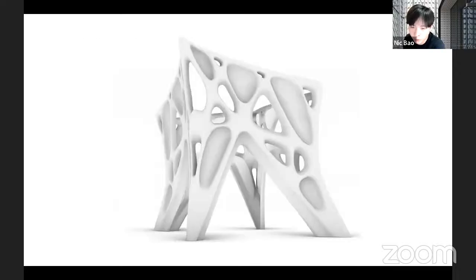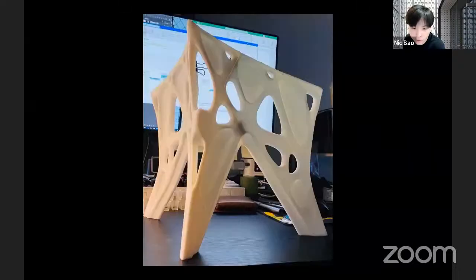And later we remodeled the project to be easy for 3D printing. Then this is the first small scale 3D printed model in Melbourne.